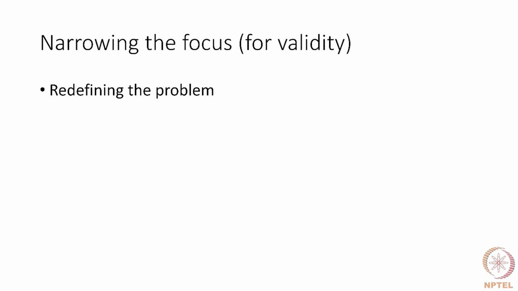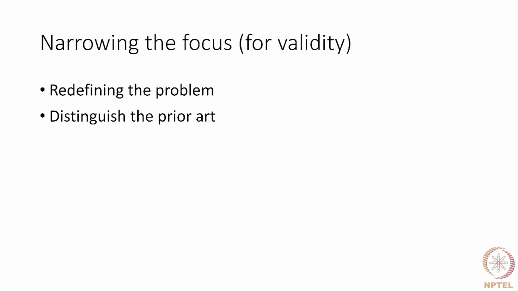So one way is to redefine the problem. The other way to narrow the focus is to distinguish it from the prior art. The prior art may read upon the invention, and you may have to narrow down the problem solution statement.